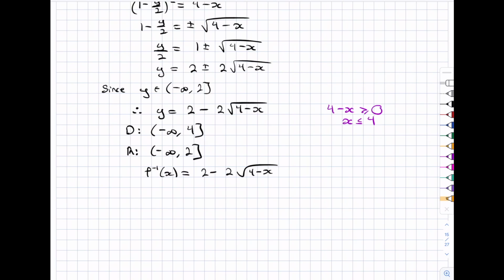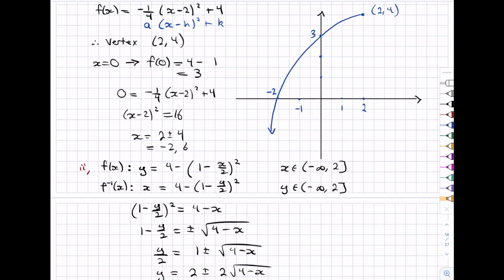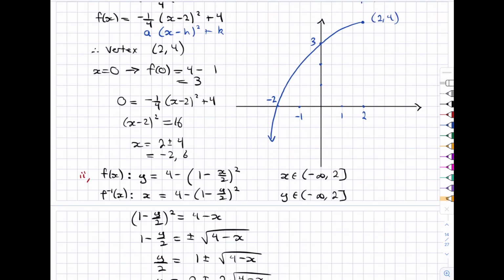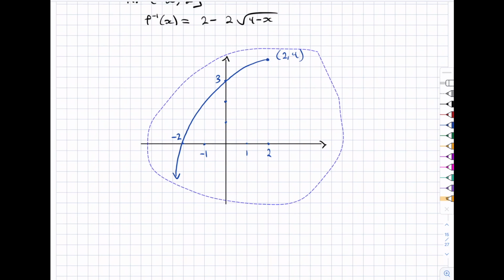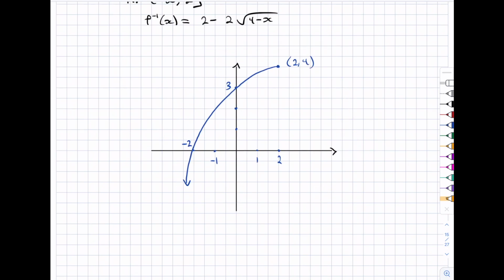I believe that's what the next part says. It says sketch the graph of y equals the inverse function. So to do this, I'm actually just going to copy this down here. And I know that when I sketch my inverse function, the roles of x and y are going to swap. Okay, so here I have a point 2, 4.